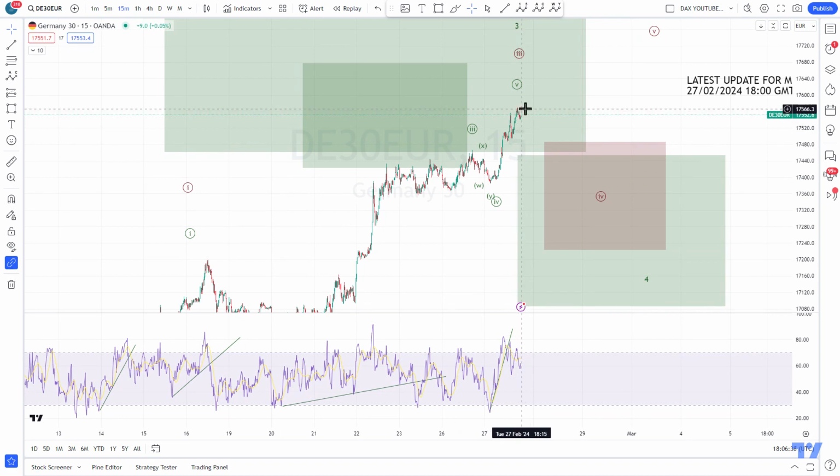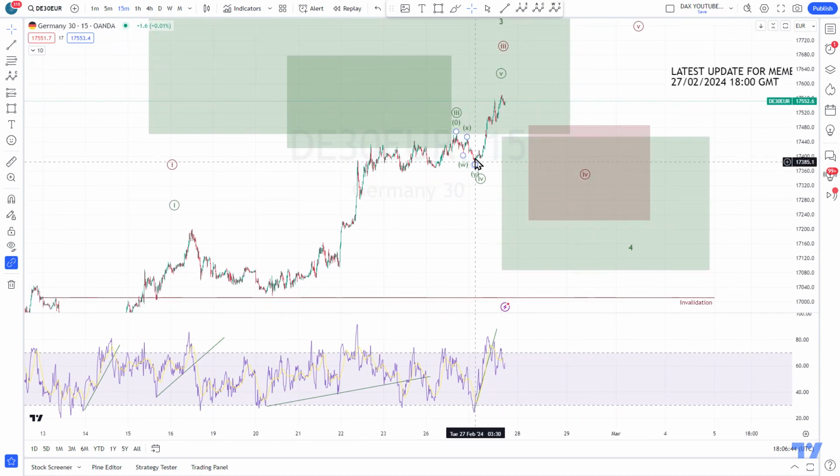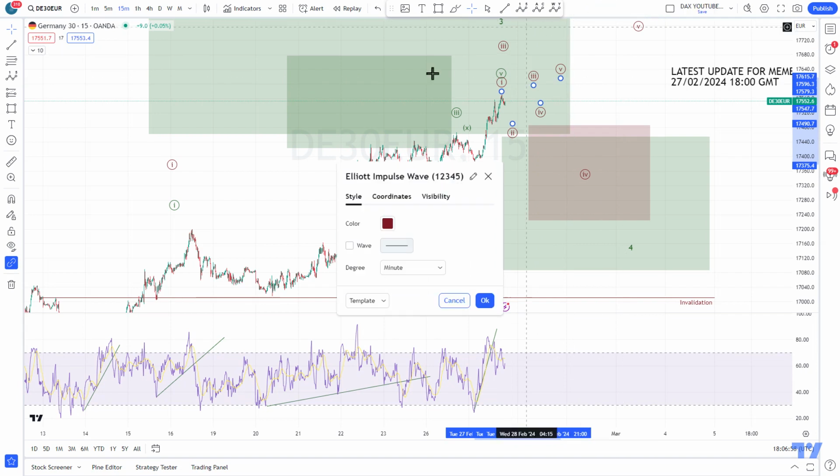So it would be a possibility that indeed the high is in right here. At the same time, this is only one impulse. We can never exclude that something like this happens, that this fifth wave was just the wave 1, 2, 3, 4, 5, something like this.